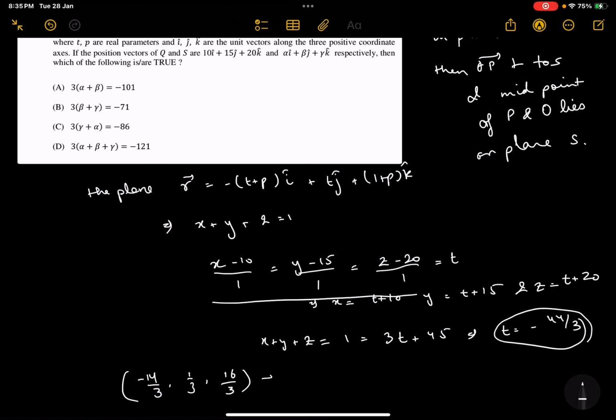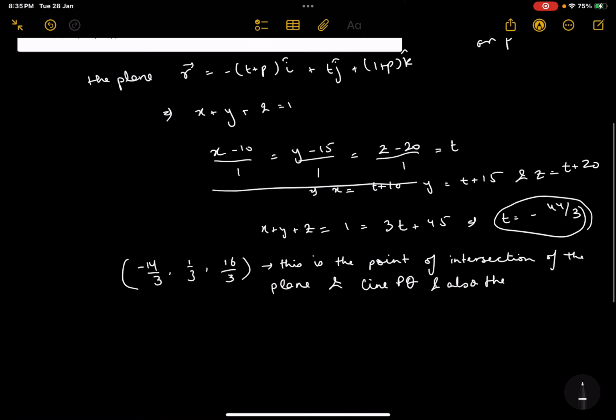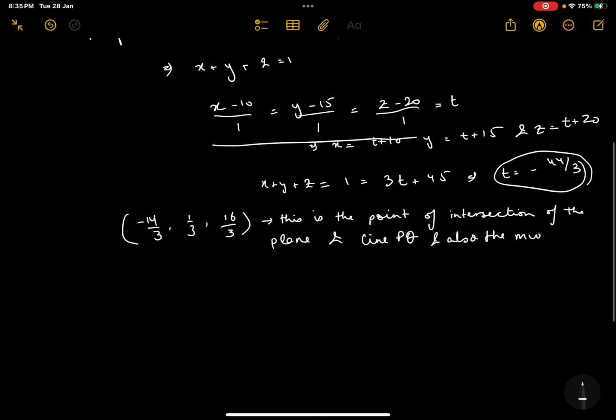So this is the intersection of the plane and line PQ, and also the midpoint of PQ.